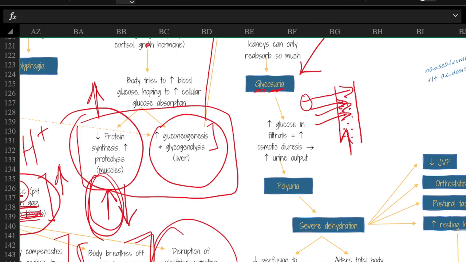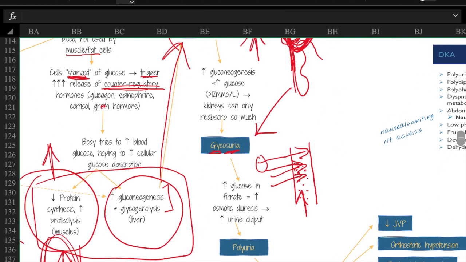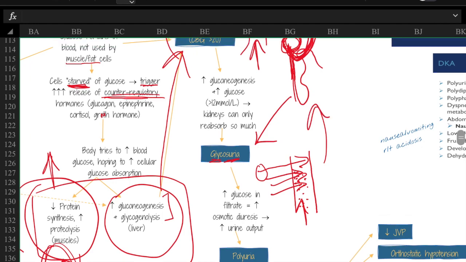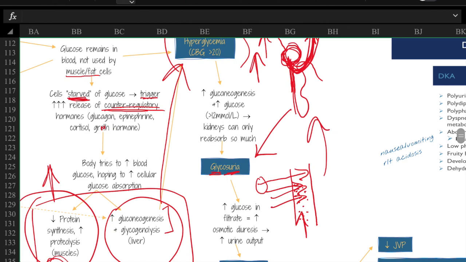And then what happens to that fluid? That fluid is going to go again back to the kidney, and some of it will be reabsorbed, but it can't absorb all of that glucose anymore. So not only is the glucose going to come out, but all of that fluid is going to come out as well.